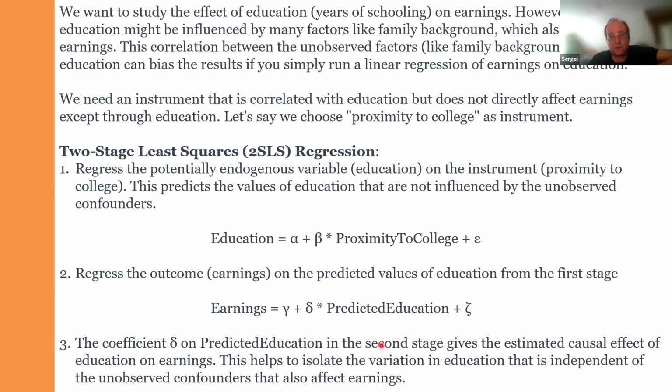That allows you to isolate the variation in education from the unobserved confounder that also affects earnings. Now, the difficult part here is, how do you select the instrument? It's difficult. For each area, instrument selection becomes essentially a challenge. It requires domain expertise to make them correctly, and if the instrument is chosen incorrectly, then you get a false relationship.